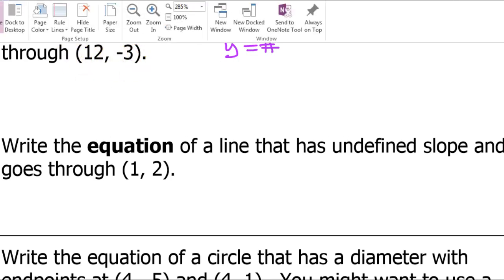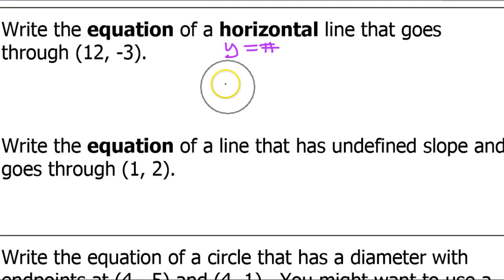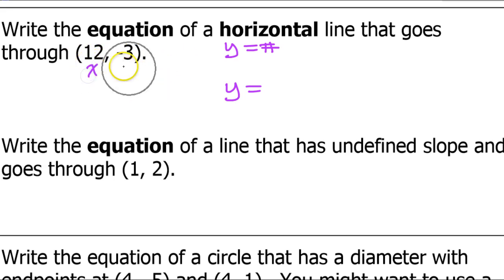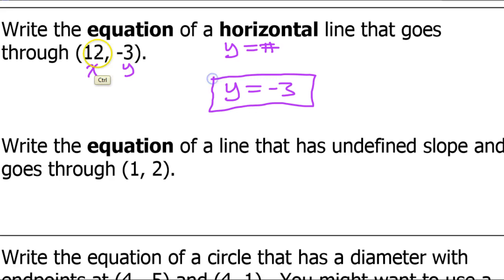If I had to use these and pick a number for y to be equal to, which one of these do you think I'm going to use, the 12 or the negative 3? Well, the 12 is an x value. The negative 3 is a y value. So y equals negative 3. Boom! That's the equation of a horizontal line through that point. All right, it's just that easy.